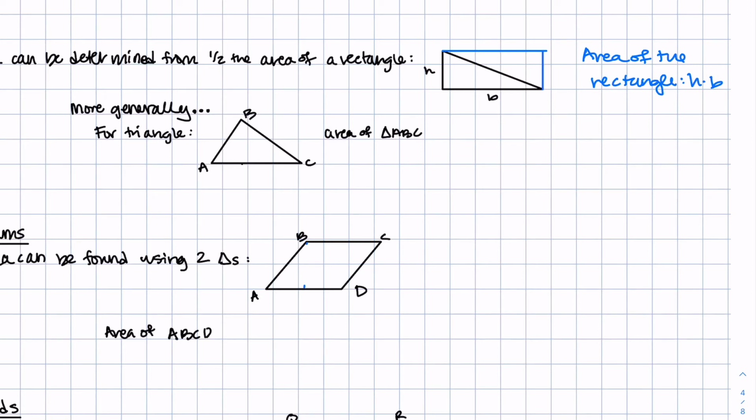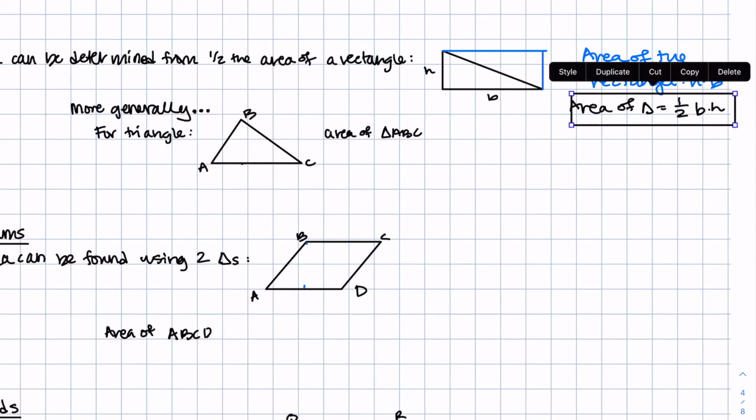And since we can see from the picture that this triangle is half the area of the entire rectangle, the area of the triangle is going to be 1/2 the base times the height, or 1/2 b times h. So this is clear for a right triangle like this one.